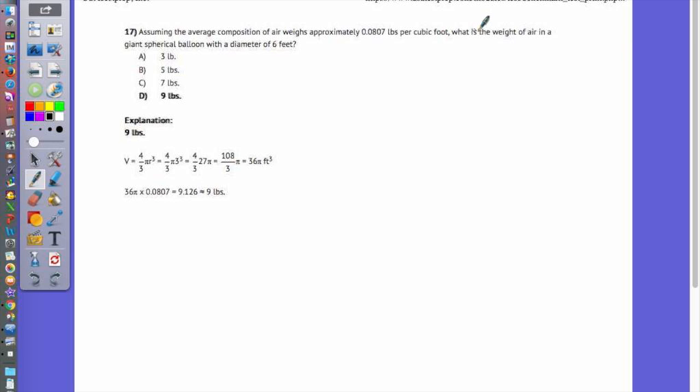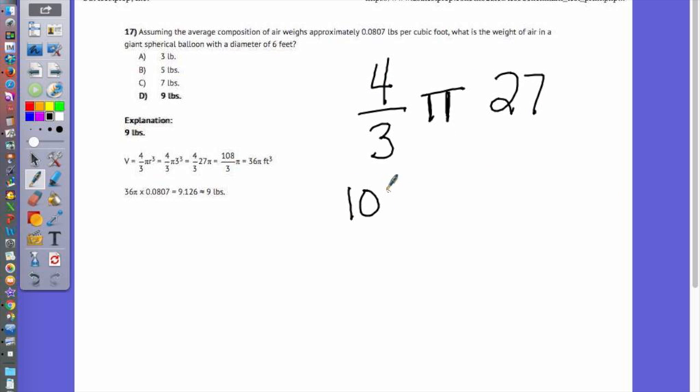For the diameter of 6, the radius is 3, and 3 cubed is 27. So you have 4/3 times pi times 27. 4 times 27 is 108 divided by 3 equals 36. And remember, there was a pi there. So your volume is 36 pi.